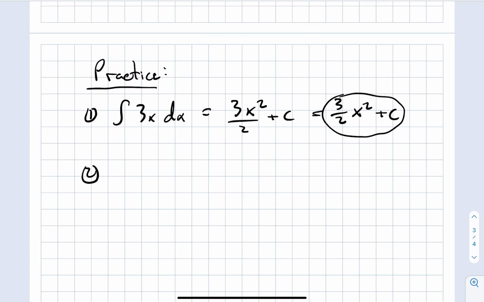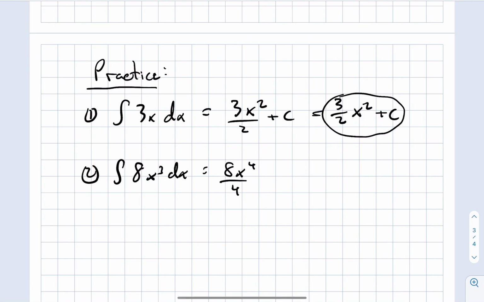Let's try another one. Okay, so we're going to find the antiderivative of 8x cubed in terms of x. And on any of these, feel free to pause the video, try it on your own first, see if you get it right. But again, the process is add 1 to the exponent and then divide the coefficient by that. So that's going to be x to the 4th power. So we're going to say that's 8x to the 4th power.